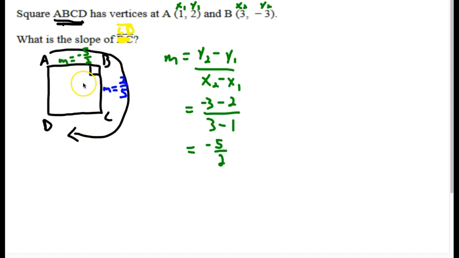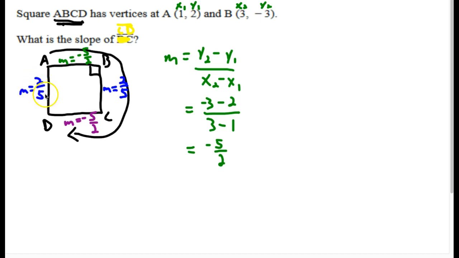In a square or a rectangle, or actually any parallelogram, opposite sides have the same slope. So the slope of CD would be negative 5 over 2. If we were asked for the slope of AD, that would be a slope of 2 over 5, because BC and AD are opposite sides.